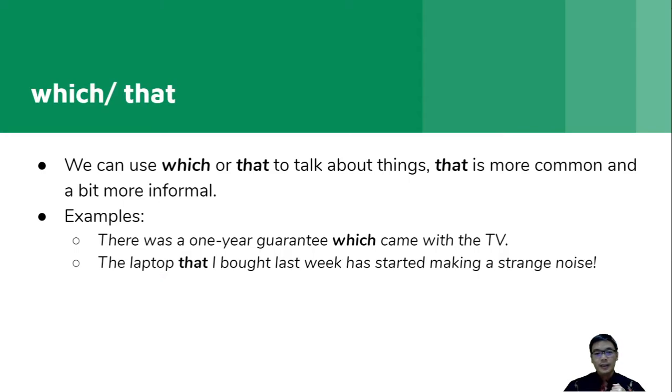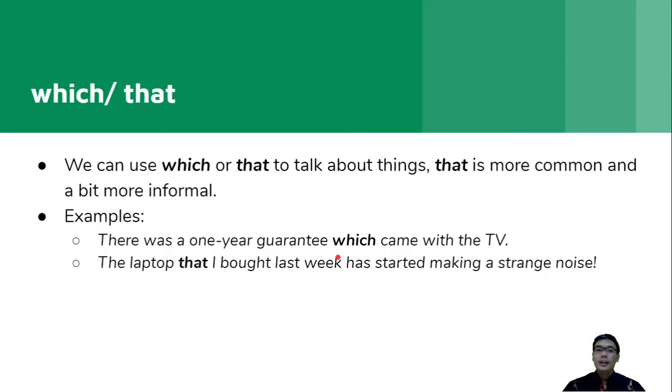Remember, who is for person, which is for thing. How do you decide which relative pronoun we are going to use? Let's take a look at the noun here. It is a thing, not a person, so we use which. If it is a person, you use who.